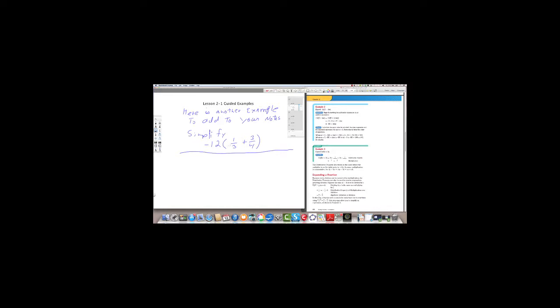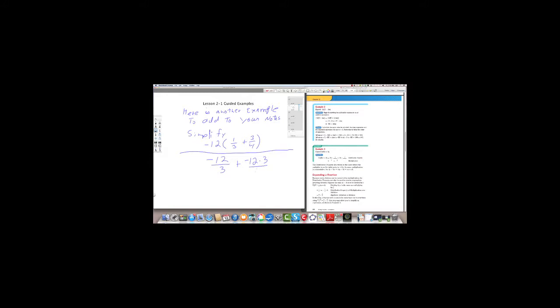If instead we use the distributive property over addition, we would get a negative 12 times 1/3 would be a negative 12 over 3, plus a negative 12 times 3/4 is going to be, and I'm going to write this as a multiplication, a negative 12 times 3 over 4.